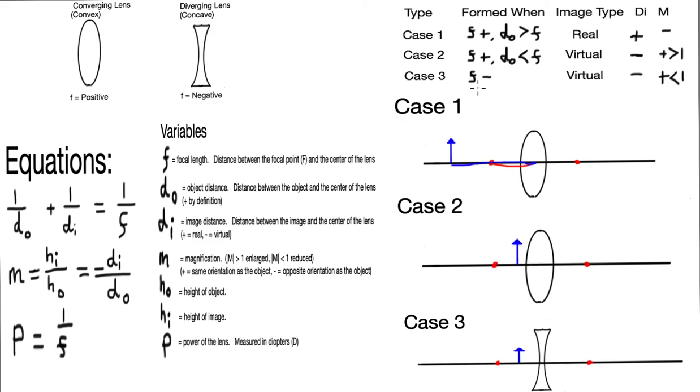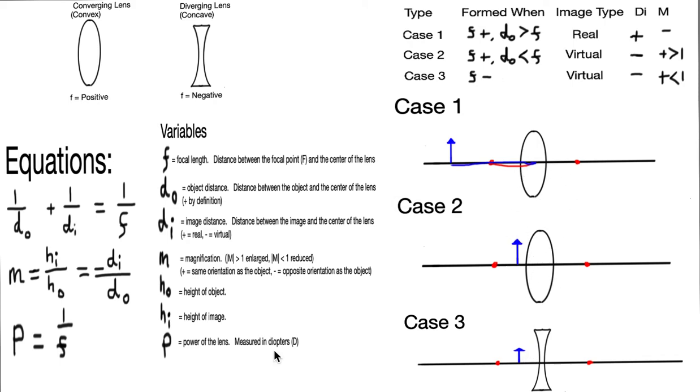And in case number 3, we have a negative focal length, so now we're using a diverging lens. An important distinction is that it doesn't matter if the object is less than or greater than the focal length; the results will be the same. Whereas in a converging lens, it does matter.